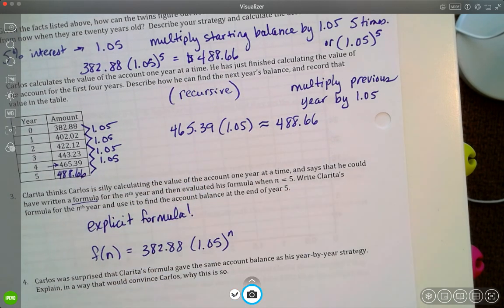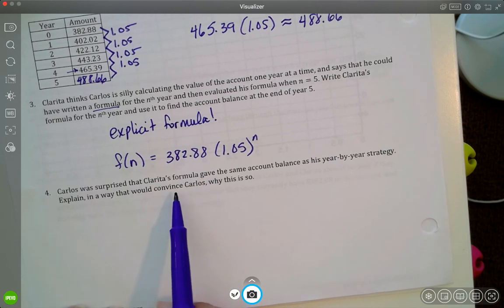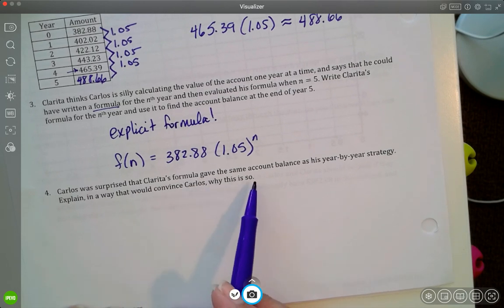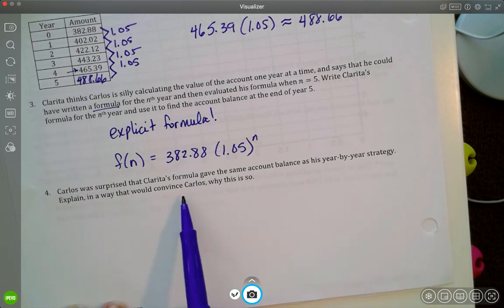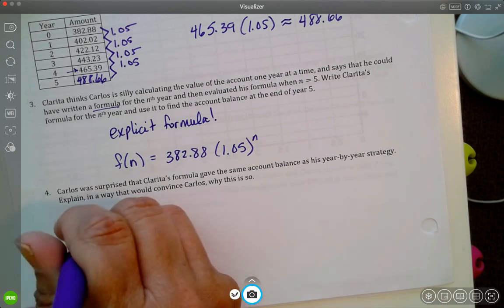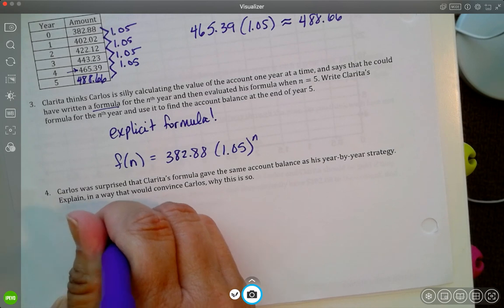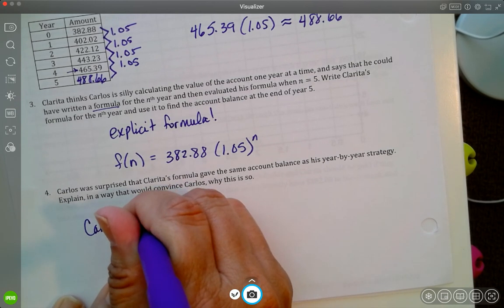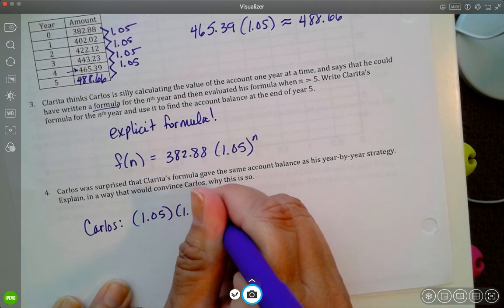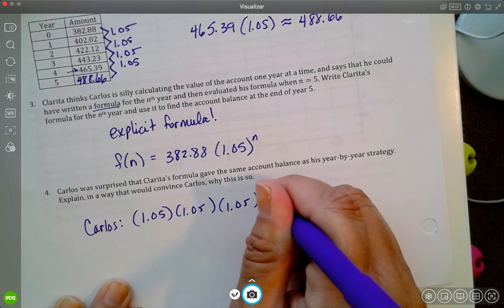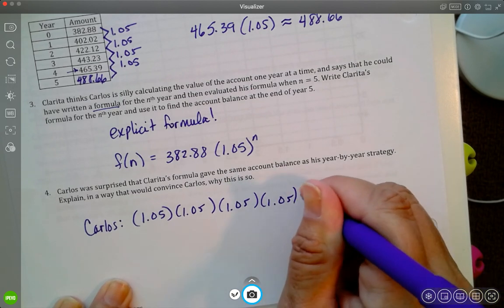All right, so Carlos was surprised that Clarita's formula gave the same account balance as his year-by-year strategy. Explain in a way that would convince Carlos why this is so. Well, Carlos's way, basically, is 1.05 times 1.05 times 1.05 times 1.05 times 1.05.